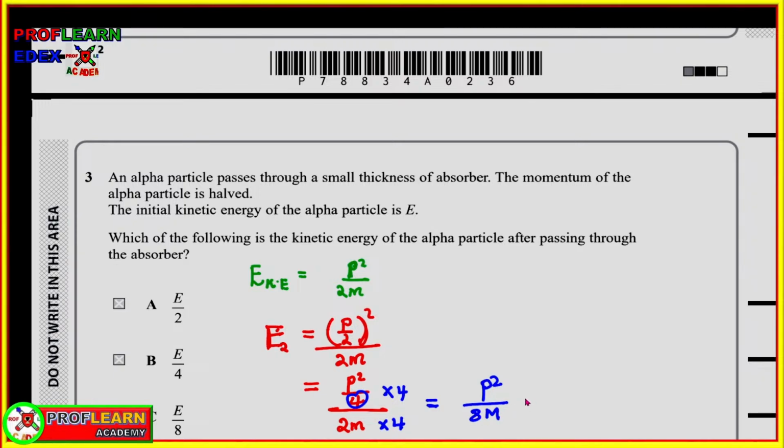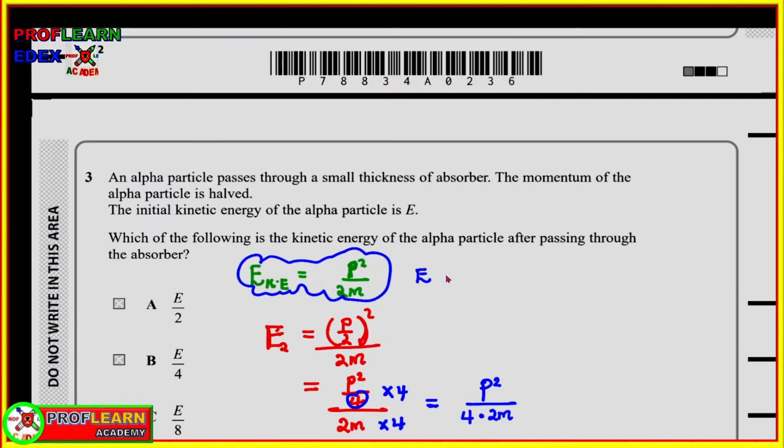And basically I can decide to write this as P squared over 4 times 2m. But remember, kinetic energy is given by P squared over 2m.